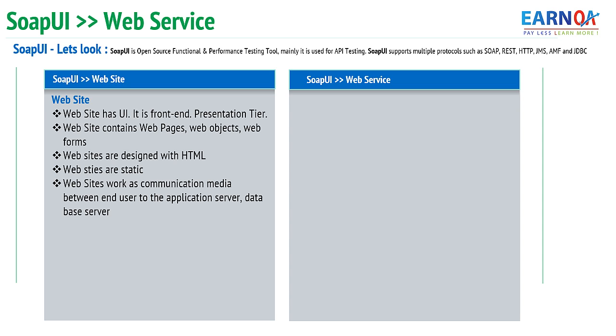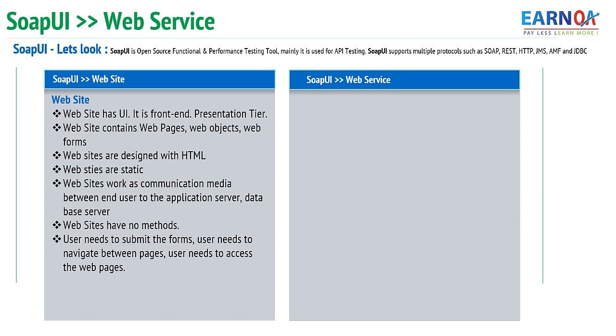A website works as a communication media between the end user and the application server or database server. Websites have no methods. All the methods are written in some service orientations. The static website does not have any methods. The user needs to submit the forms, navigate between the pages, and access the web pages.